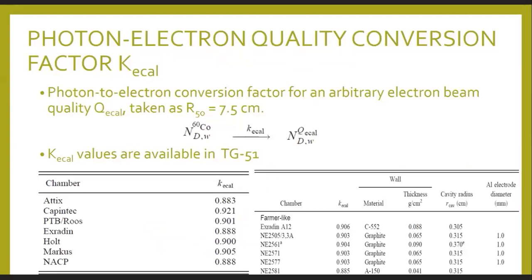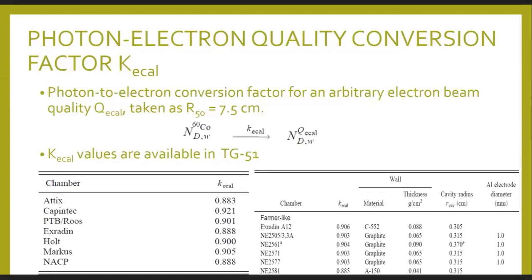So multiplying the absorbed dose calibration factor for your chamber by Ka cal, you get a calibration factor for your chamber for an arbitrary electron beam quality, QE cal. And it's chamber specific. So we have tabulated values in TG51 for Ka cal.